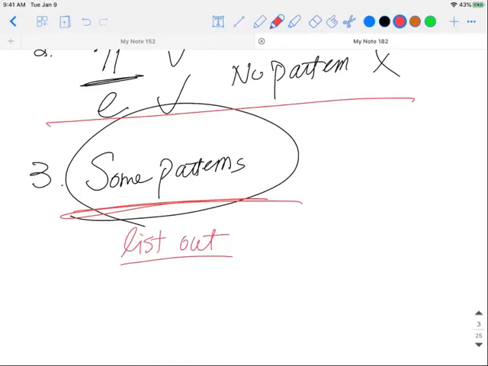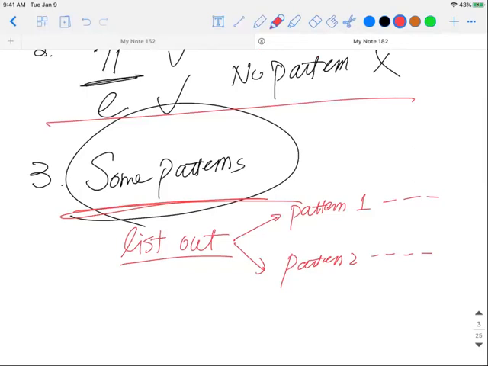List out. But I don't have to list out everything one by one because they have some patterns. Let's say pattern 1, I can list out several things. Pattern 2, I can list out something, so on and so forth. And this is actually a favorite from the math competitions perspective.